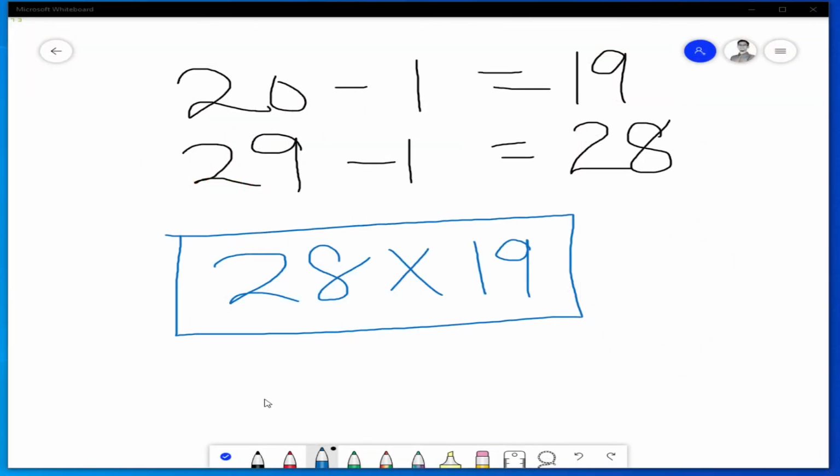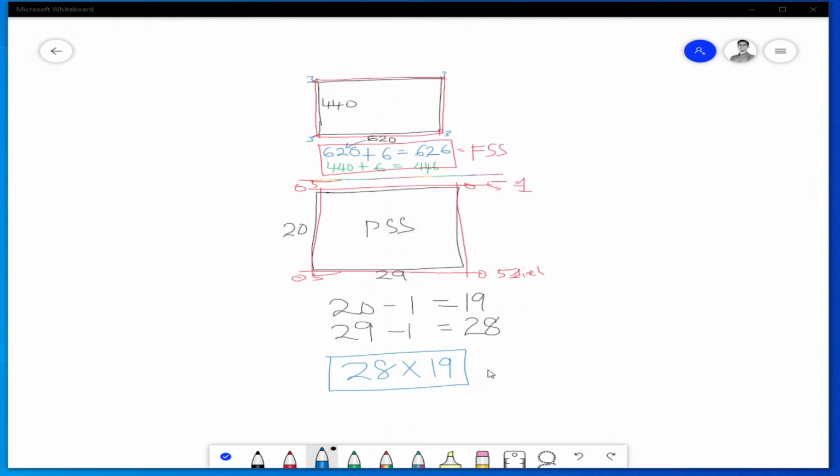So please do your calculation now. Tolong buat calculation ni sekarang. Okay, Halim? What is this, Halim? Oh, this is yours?